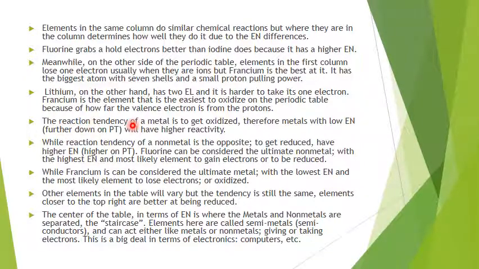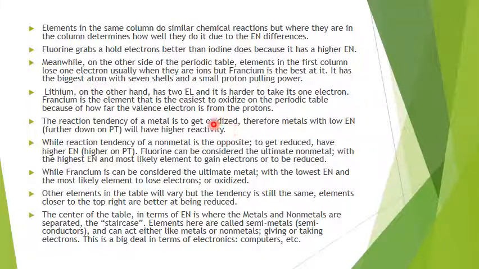Okay, the reaction tendency of a metal is to get oxidized. Therefore, metals with low electronegativity, further down the periodic table, have higher reactivity. So this is different than on the other side. On the left side, the metals' reactivity is determined by how well they lose electrons, or a low electronegativity.